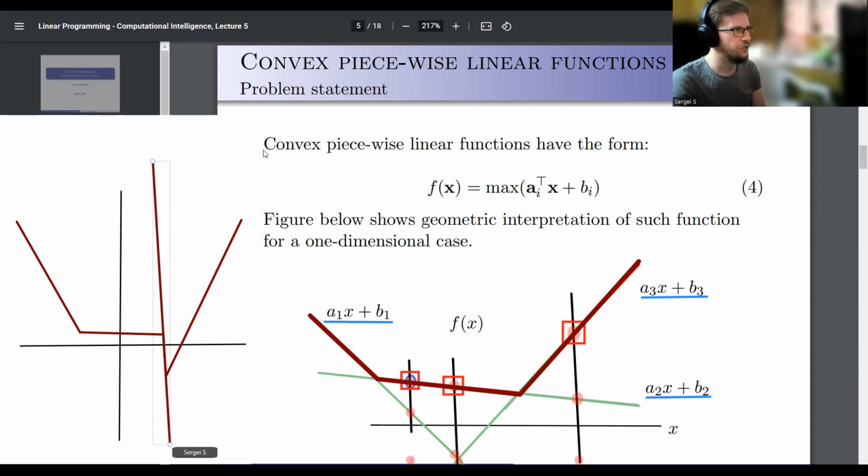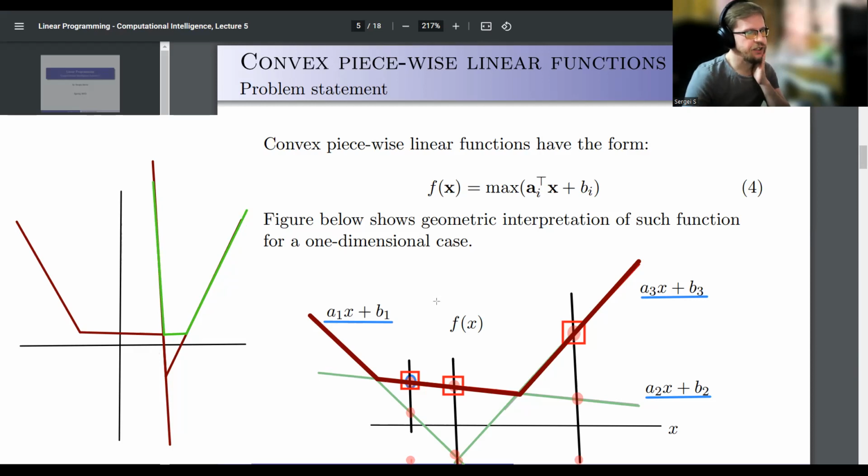So if we added this line here, the final shape would have been something like this, in some other color. So this would have been the final shape if we had this line here. All right.